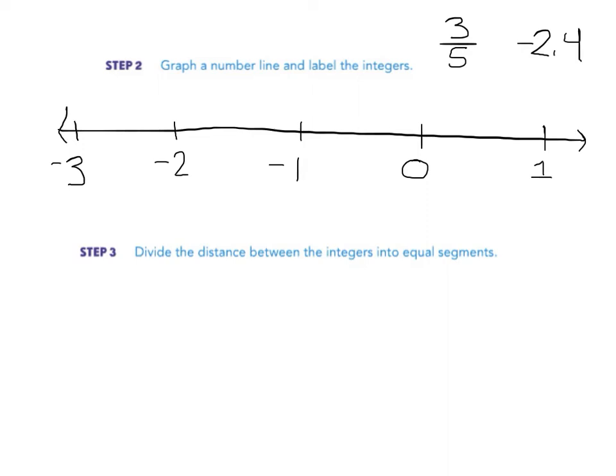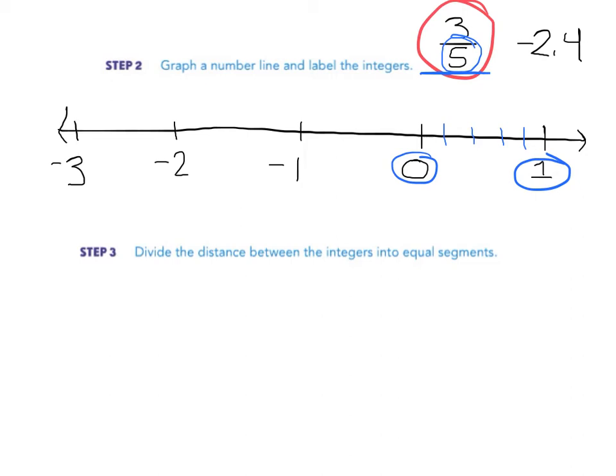So let's first take a look at my 3/5, and since the denominator is 5, let's divide this section between 0 and 1 into 5 equal pieces. I'm going to try my best to make them equal pieces. So I have 1, 2, 3, 4, 5 equal pieces in between 0 and 1.